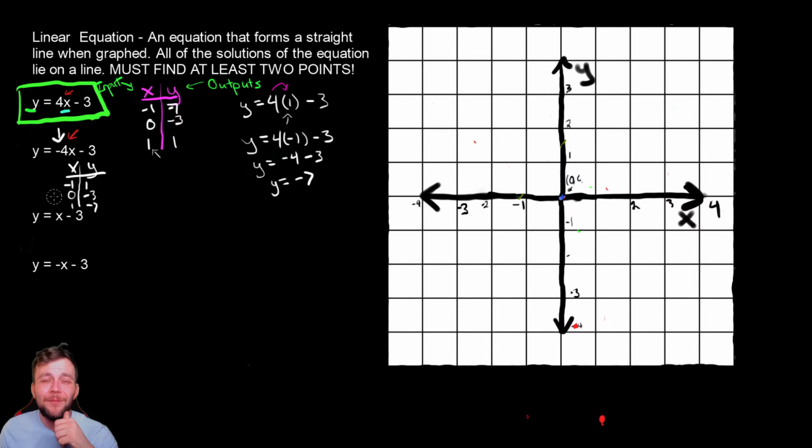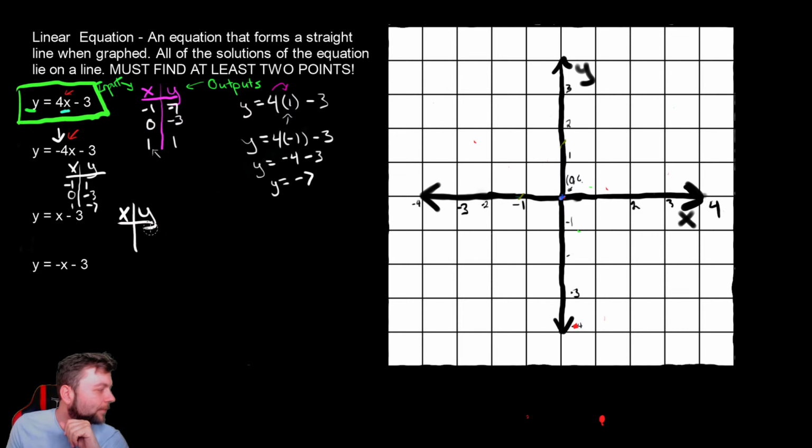Good. I'm happy that you picked up that example. But so you have x minus 3, and you still want to do your little table. There we go. So we will do our table over here. So we have x and y.